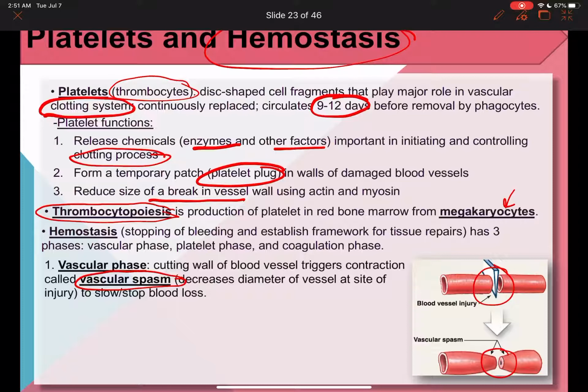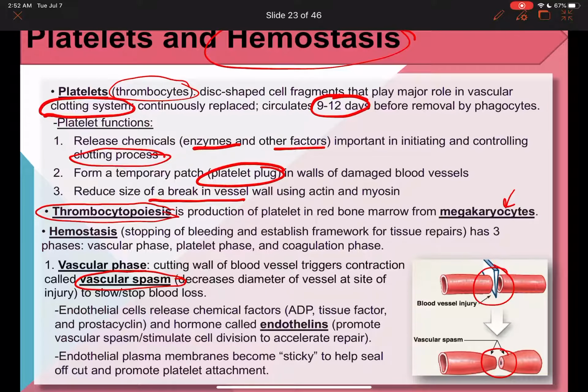Endothelial cells from the walls of the blood vessel actually release a hormone called endothelins. Endothelins are released by endothelial cells, easy to remember. Endothelins are the hormone that promotes the contraction of vascular spasm, causing the blood vessel to contract and make that opening a lot smaller, and hence less blood will leak out.